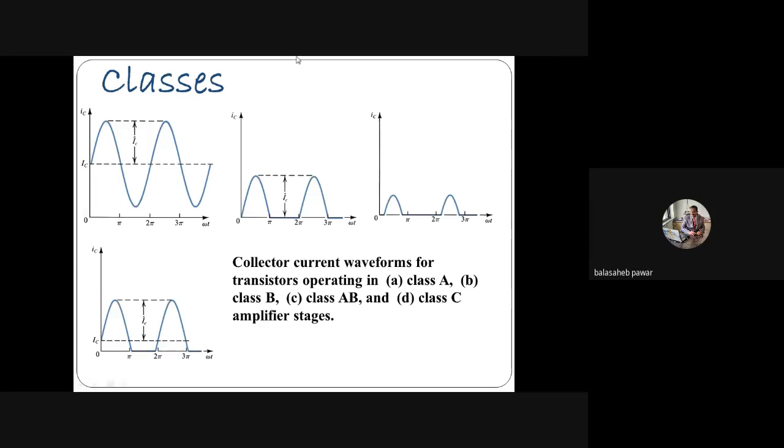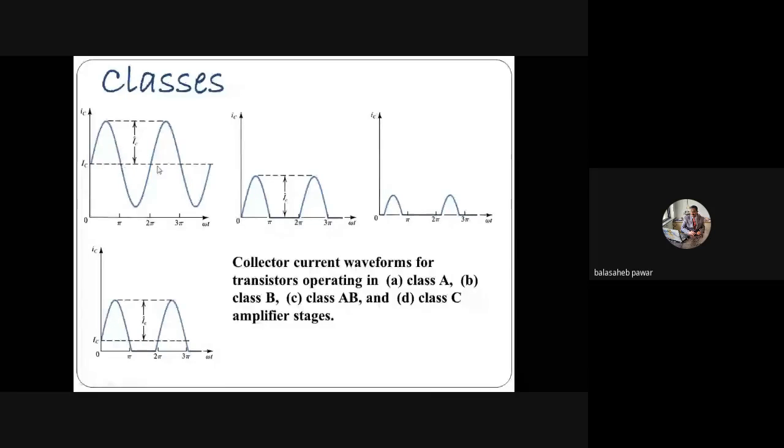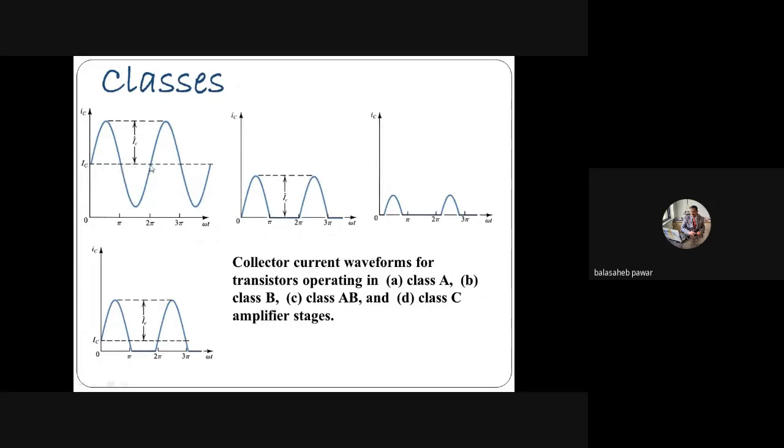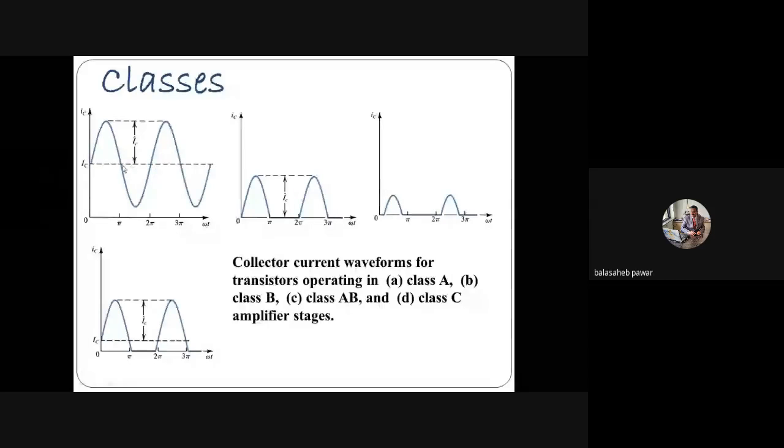See, at pi, 2 pi or even at 3 pi, you will observe that the signal becomes a DC signal. Correct? Because just imagine, yesterday I drew that DC load line, when the input signal starts from 0 or comes back to 0 at pi or 2 pi, how much is the value of collector current? It is ICQ, quiescent collector current.